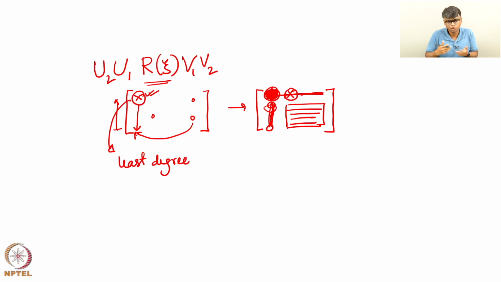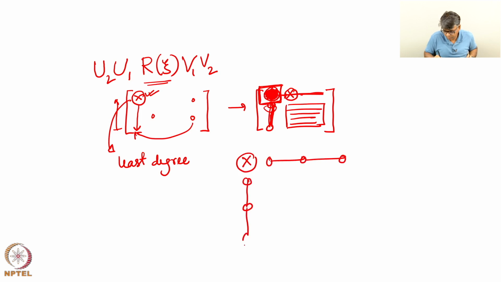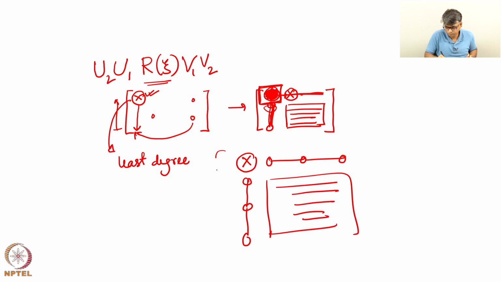When you are doing column operation, row operation, column operation, row operation, after each cycle the degree of this element will strictly reduce, and the degree is lower bounded by 0. It can never be less than 0. So after finitely many steps, it has to stop, and you'll have a structure which looks like 0 everywhere and 0 everywhere, and this element is something. Then it's the standard deal.